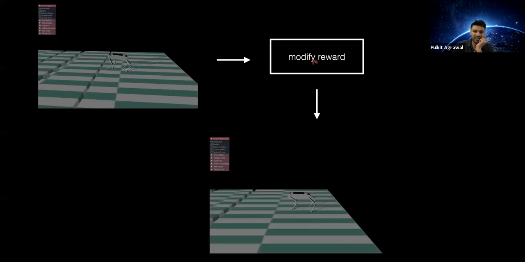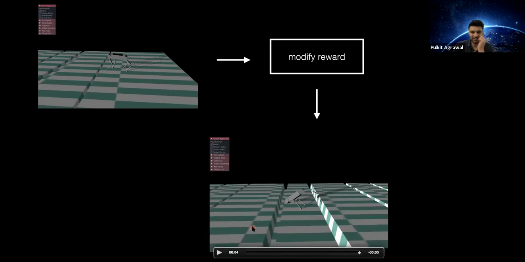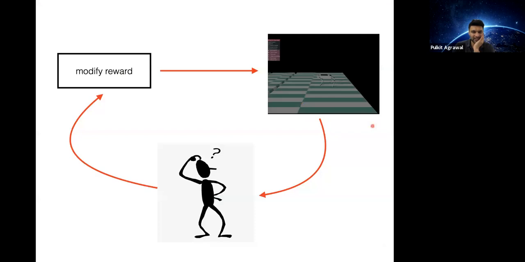I look at this trajectory where the agent is not able to cross a large number of gaps, so I modify the reward function, and now maybe this agent starts running like this, and this is also unstable, and I don't like this behavior. Then I would look at this and again go back and modify the reward function.